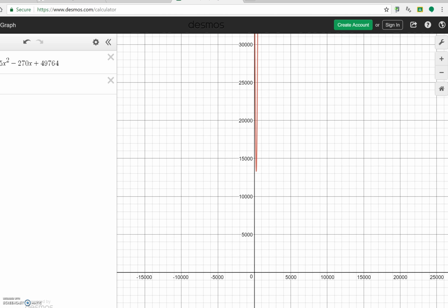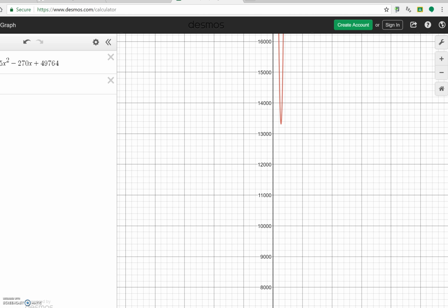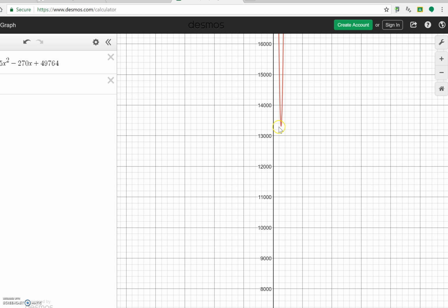It was way up high, and now maybe you could begin to magnify and come in. All you got to do is click on that vertex. The parabola might be way up high, but what they're showing you is it's the point 270 and then 13,314.